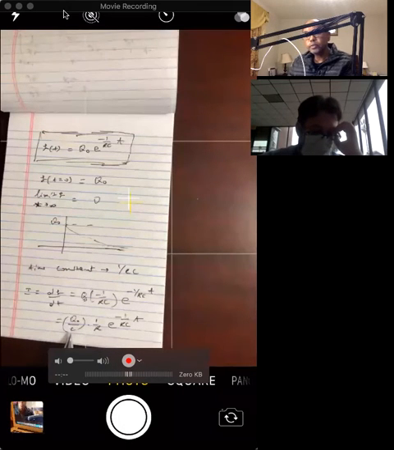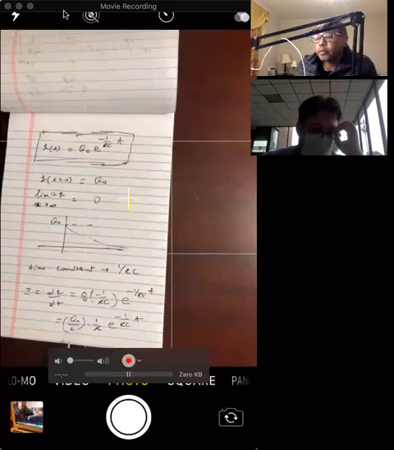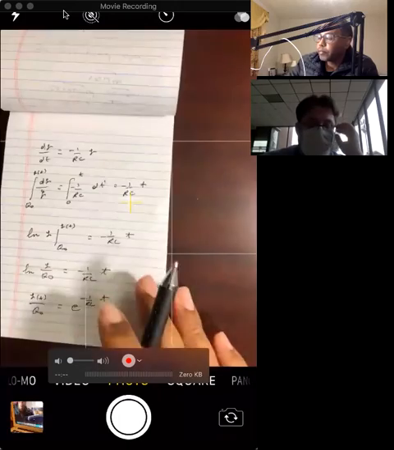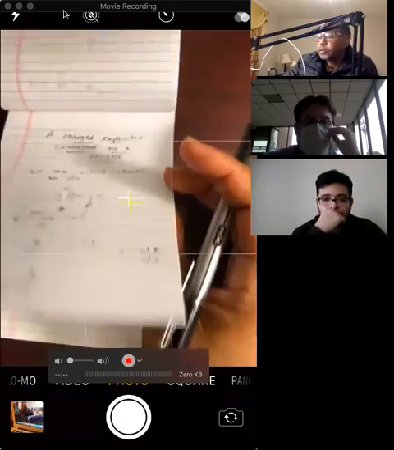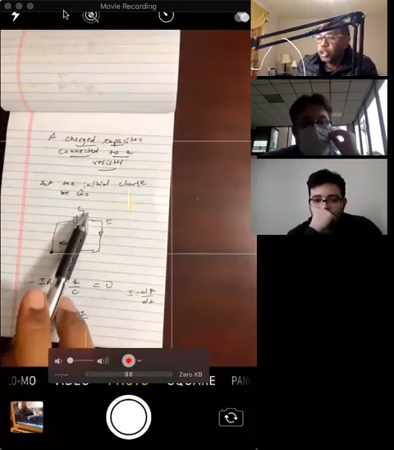Can you tell me what this represents? This is initial charge divided by the capacitance. This is the initial potential difference. You see over here, this is initial charge Q naught.